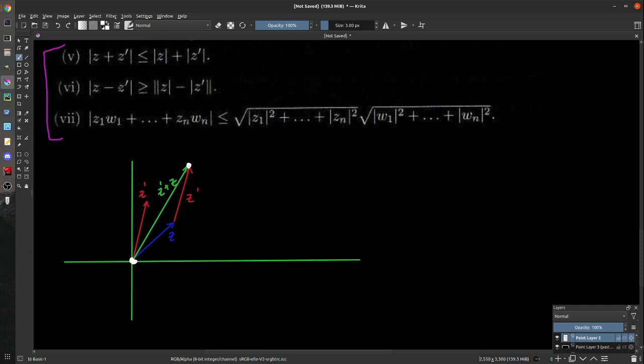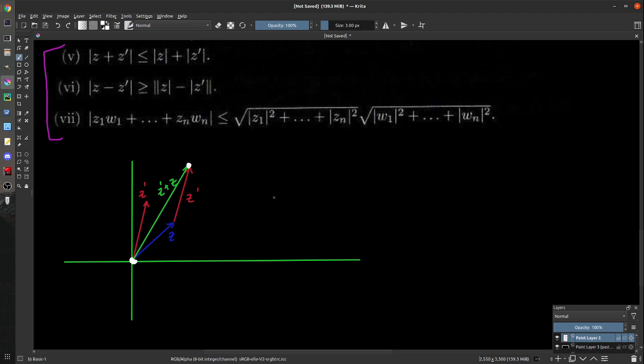And it's pretty nice. It just says that the modulus, absolute value of Z minus Z prime, is greater than or equal to the absolute value of the modulus of Z minus the modulus of Z prime. This is not particularly surprising.